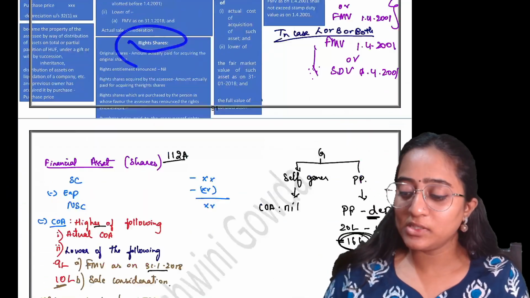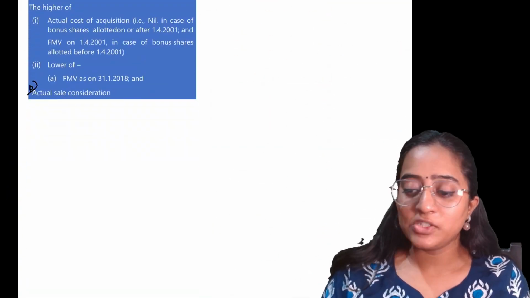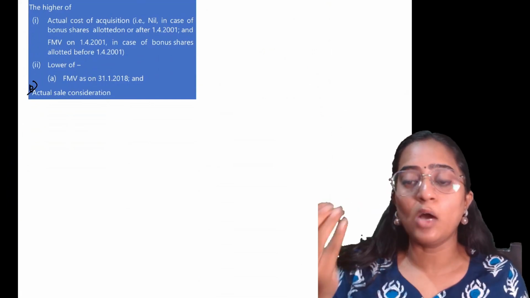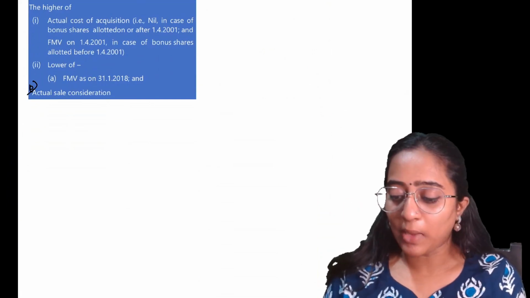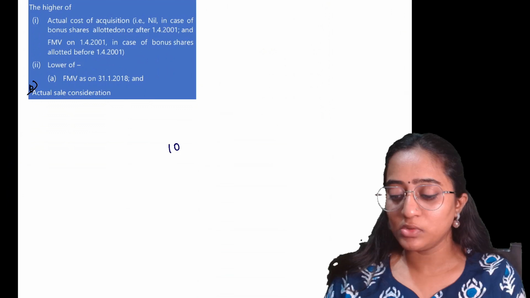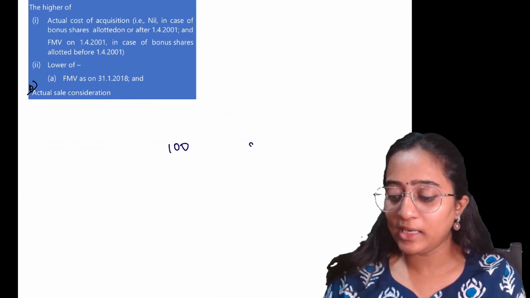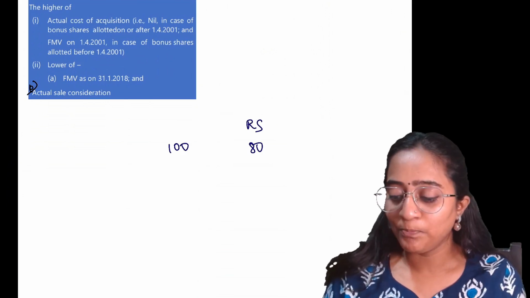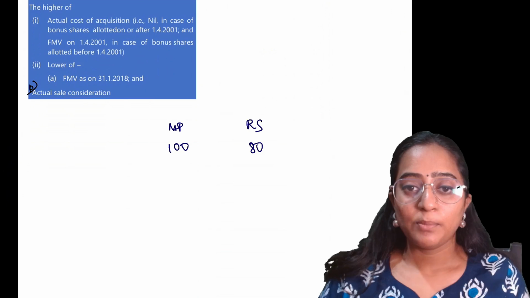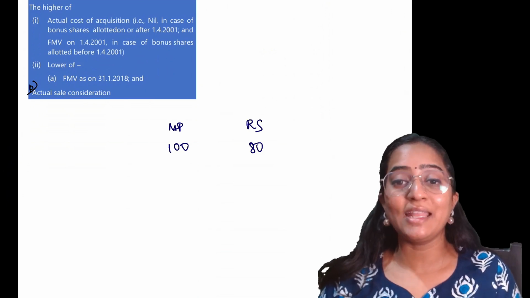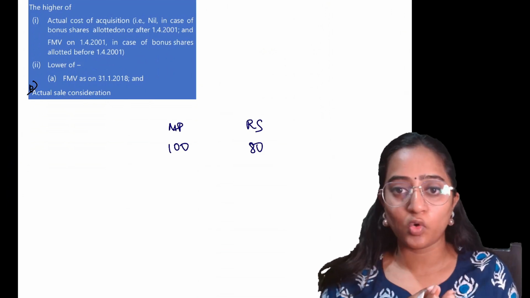Now, when it comes to right shares, remember, right shares are given at a discounted price. If the market price is 100, suppose they are issuing it at 80 rupees, what would be your advantage? Market price is 100, but the company is issuing shares at 80 rupees for existing shareholders.